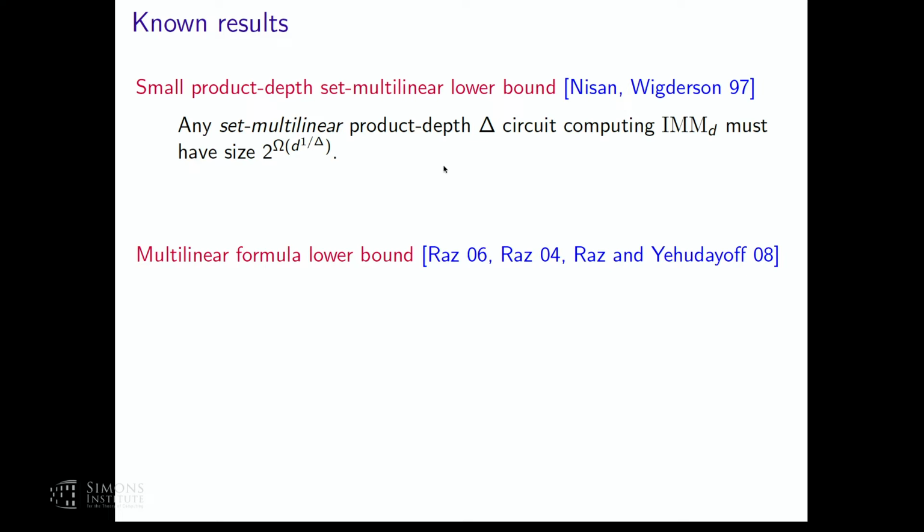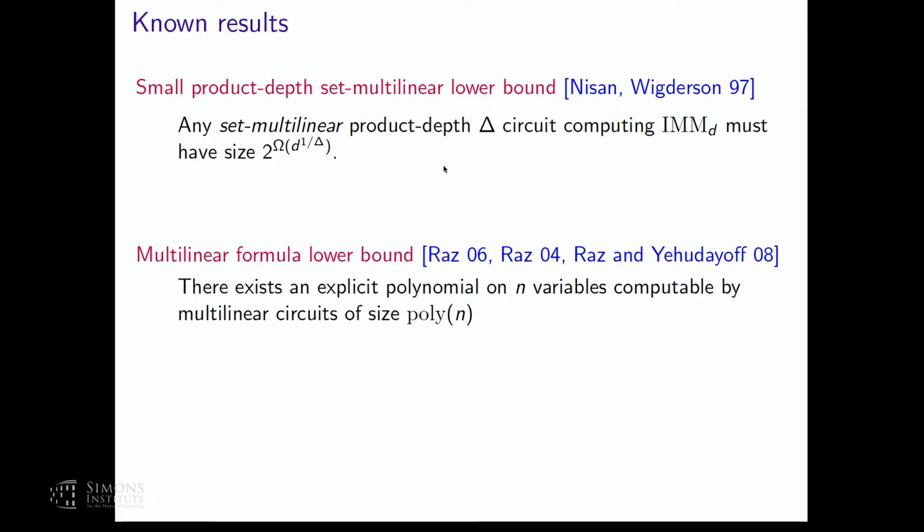There was another multilinear formula lower bound that was known. What this showed was there exists an explicit polynomial on n variables that is computable by multilinear circuits of polynomial size, but requires multilinear formulas of superpolynomial size, in fact size n to the omega log n.